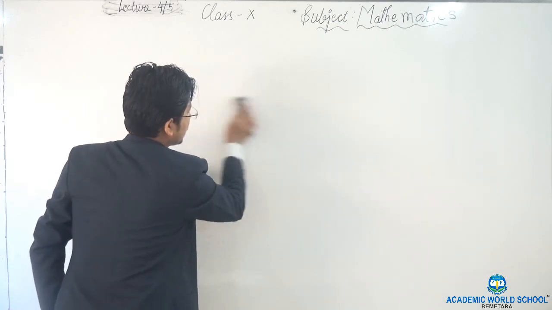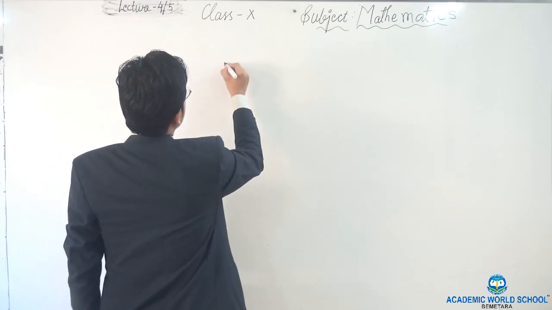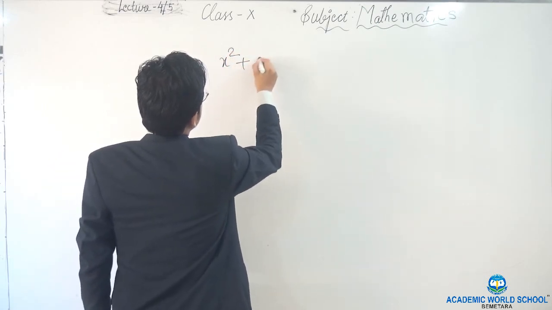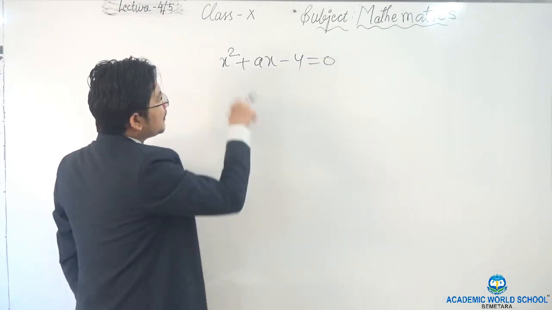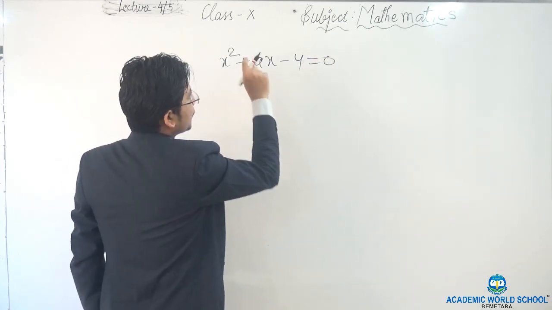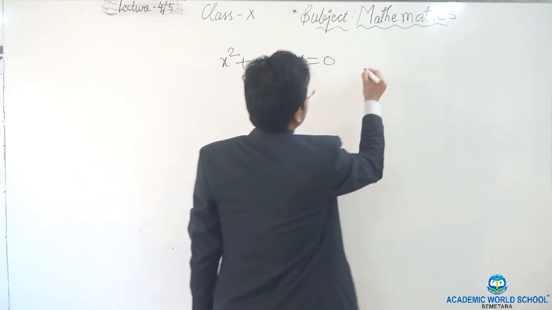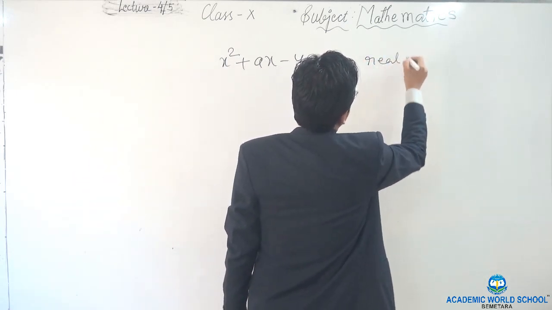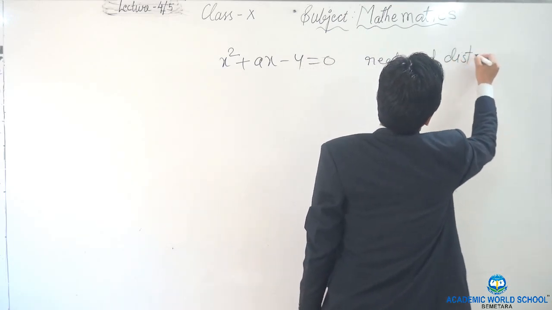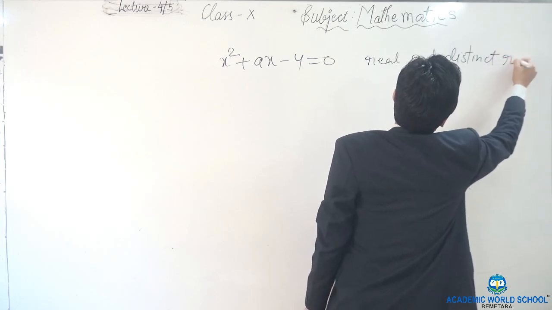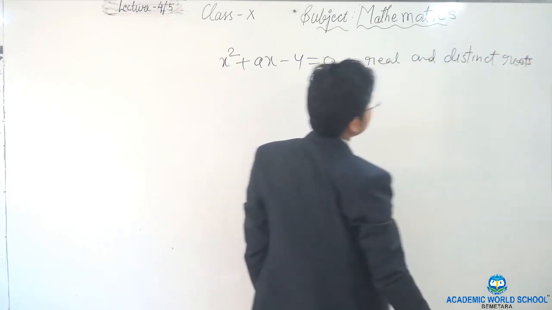So now the question is: x square plus ax minus 4 is equal to 0. For what value of a does this equation have real and distinct roots?